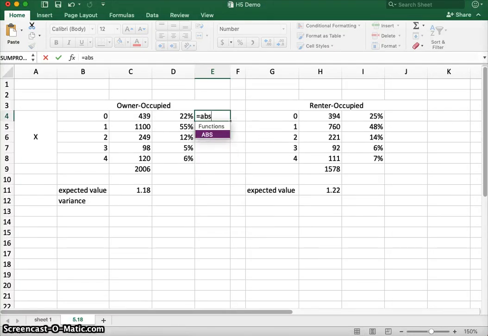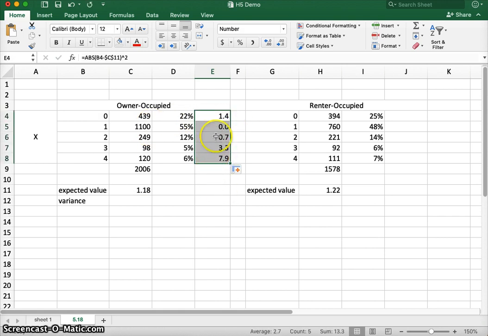It strips out the negative sign. So what's the absolute value of the difference between what actually happened and what we expected to happen? I'm going to make that constant. And because we want the variance, it would be this value squared. To square something, we use the caret sign 2. So this is the variance in each case.